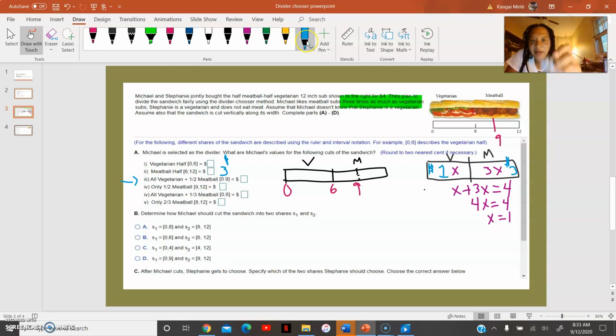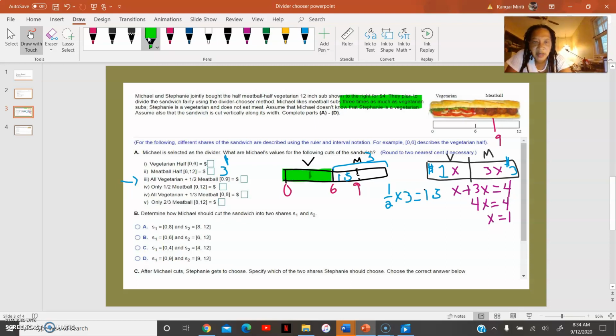So if we want to find the value of this piece, well, we know the veggie half is worth $1. And the whole meatball was worth $3. So 1/2 times 3. What's half of $3? $1.50. So what's the piece that we're concerned about?